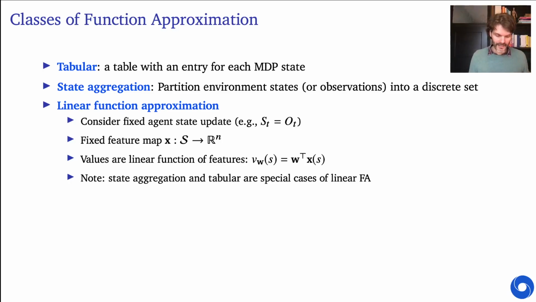So there's some mapping that says, if you're in this state, then this entry must be 1 and everything else must be 0. And if you're in similar states, maybe the same entry will be 1 and everything else will be 0. But if you're in a different state, further away, for instance, then a different entry would be 1. So it's still a one-hot representation, but it's a smaller feature vector than if you would do the fully tabular approach. And both of those are special cases.